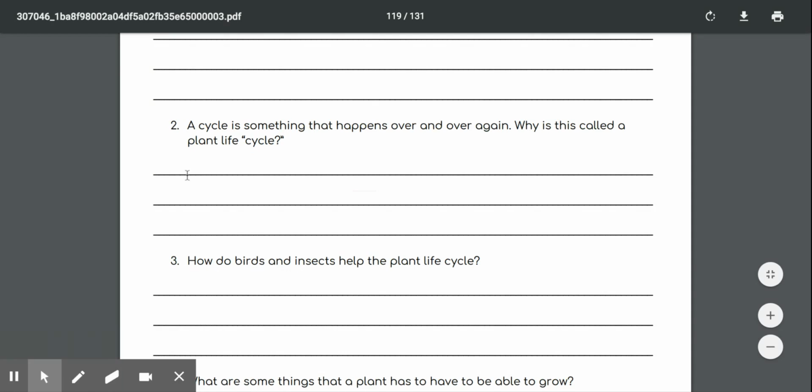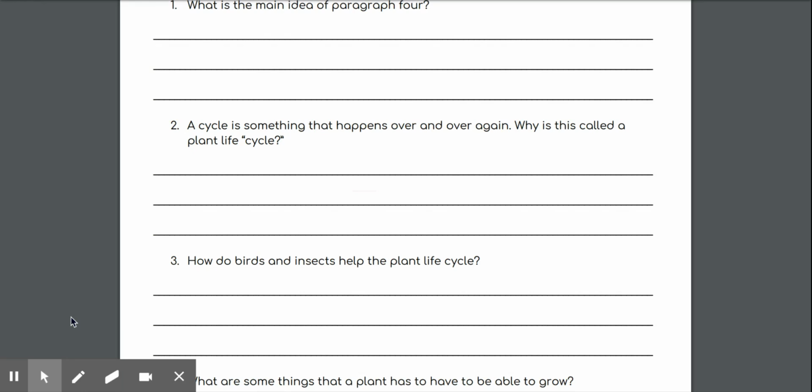Question 2 asks us, a cycle is something that happens over and over again. Why is this called a plant life cycle? So question 2 gives us the definition of a cycle.